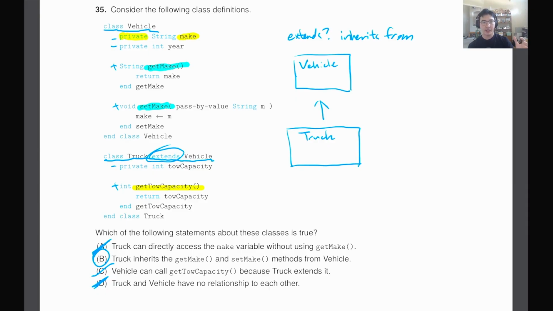So the children do not have access to that information from the parent class if it's private. But if the parent class makes things public, like the get make and the set make, then they're basically telling their child class, yeah, you can inherit that. This is for you. That's the analogy I use to make inheritance make sense for me. I encourage you to create your own analogy, your own story that makes sense for you. All right, that is question 35.